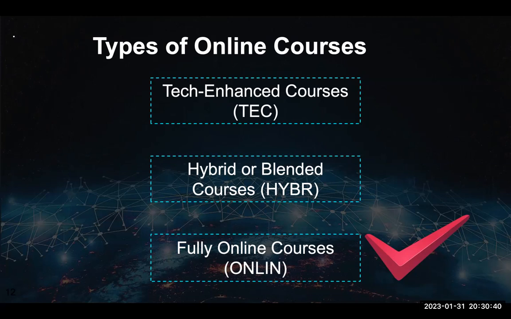Pretty simple, the name is self-explanatory. Fully online courses means this kind of course is any class that's offered in a completely online environment with no in-person or on-campus meetings. And many of the courses are offered in asynchronous learning mode.